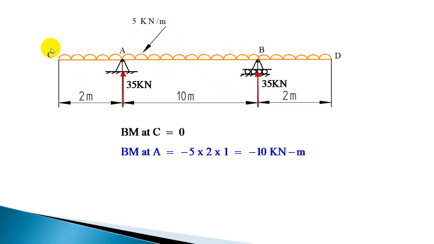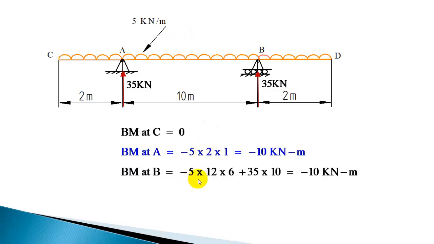This part of UDL, 5 into 12 meter, so 60. For 12 meter, it will act at the center of 12 meter, that is 6 meter from here or 6 meter from here. We need the distance from B, 6 meter. So that is 5 into 12 into 6, and that will produce a negative bending moment.